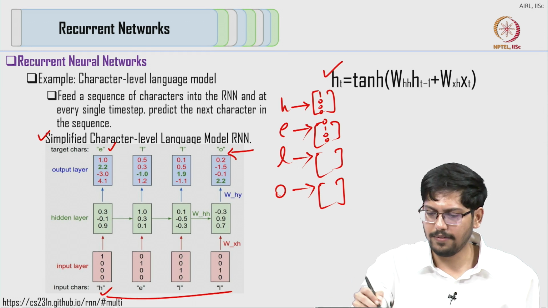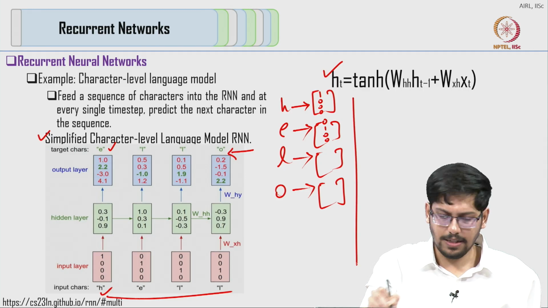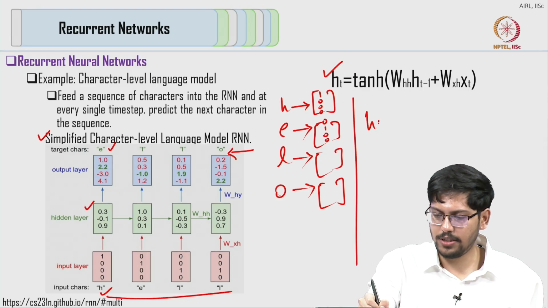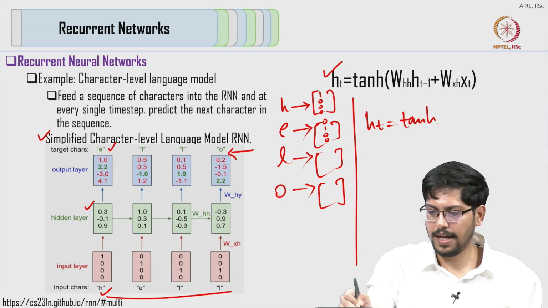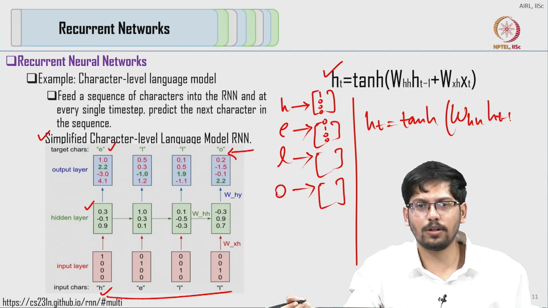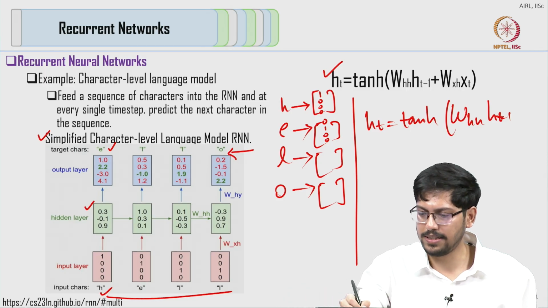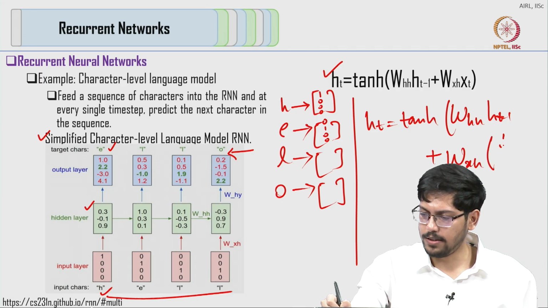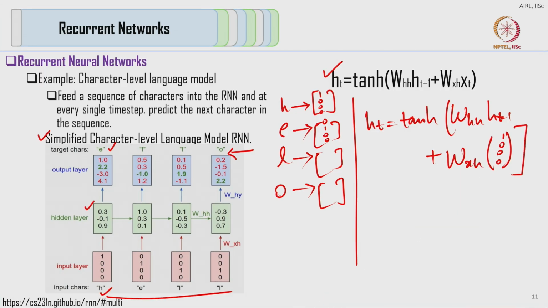Once we have this encoding, we can write the hidden state h_t as tanh of W_hh times the previous timestamp, let's assume we have a previous timestamp, plus W_xh times 1 0 0 0.